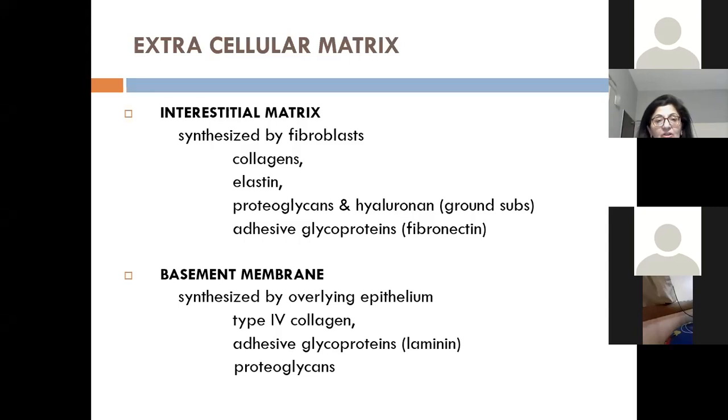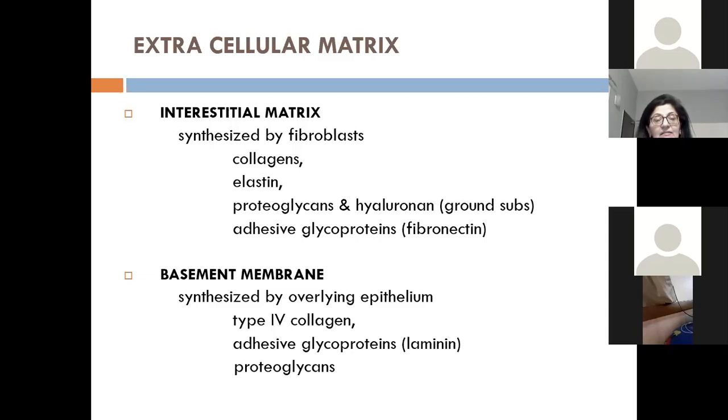It consists of collagens, elastin, proteoglycans, and hyaluron, which is a ground substance in which all the fibers are placed. And then you have adhesive glycoproteins, which are called fibronectin. So fibronectin is like glue or gum, which is going to adhere all these things together. It is a ground substance of proteoglycans or hyaluron, in which you have elastic fibers and collagen fibers, and then these adhesive glycoproteins are going to glue them all together.